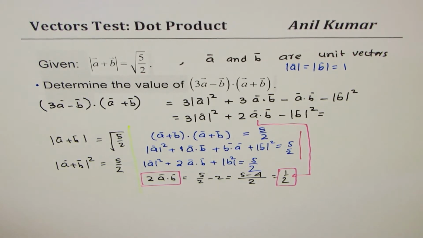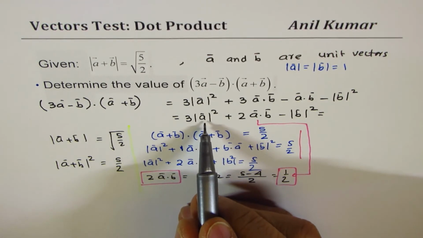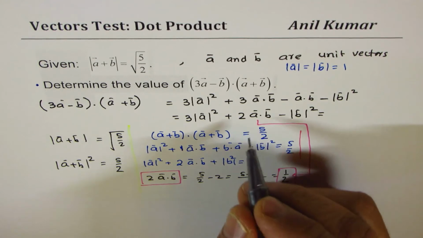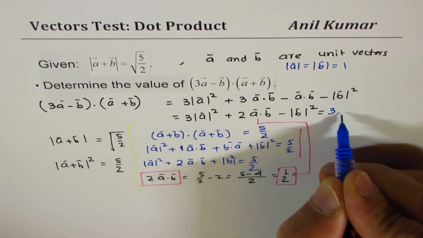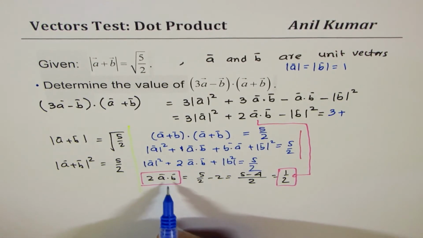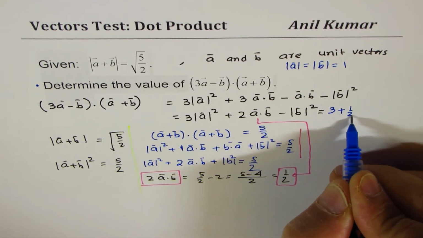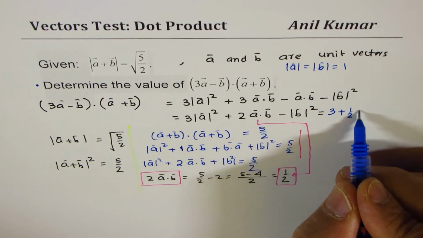We could do it anywhere. So this is 3 times 1, right? And that is minus 1. So what we get here is 3 plus twice AB, which is half, minus 1.